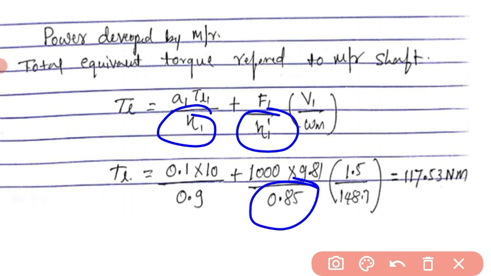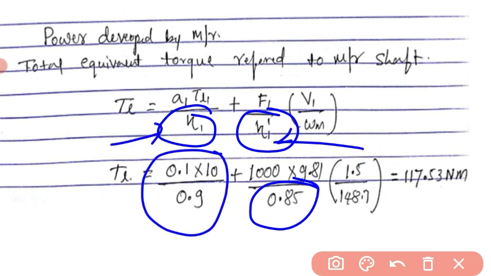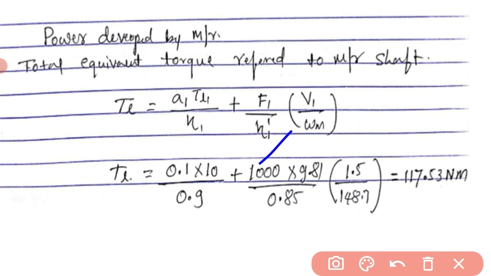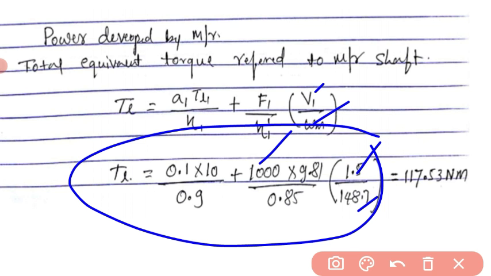F1 is 1000 into 9.81, because it is lifting up, so the gravitational effect is considered, and V1 is the velocity with omega m. After calculating this, we get 117.53 Newton meter.